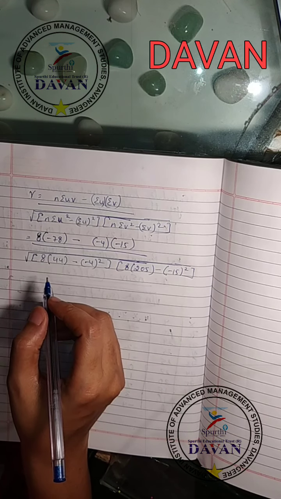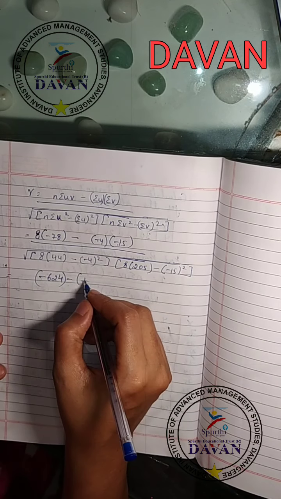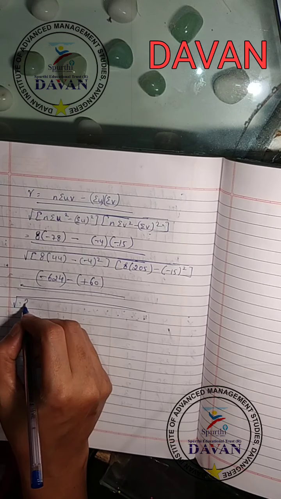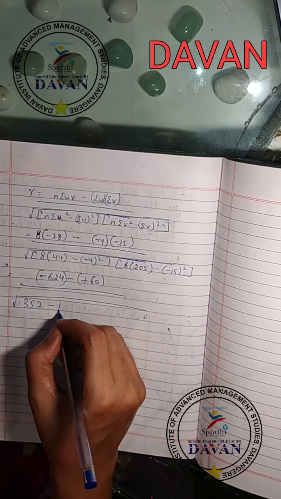Minus 624 minus, this is minus into minus, so it becomes plus 4 into 15, it is 60, whole divided by square root of 8 into 44, 352, minus 4 into minus 4 is 16, into 8 into 205 is 1640 minus 15 square is 225.